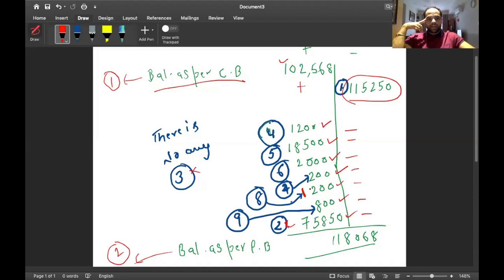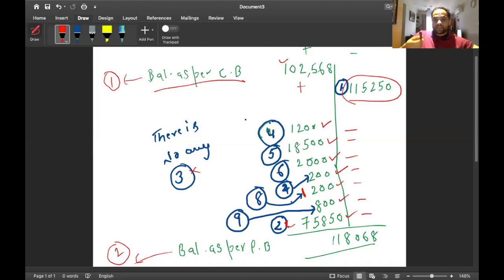So is it okay? I mean, all transactions are okay for you? Let me know if you have any question. Teacher, is it balance as per passbook first or cash book first? It's up to you.